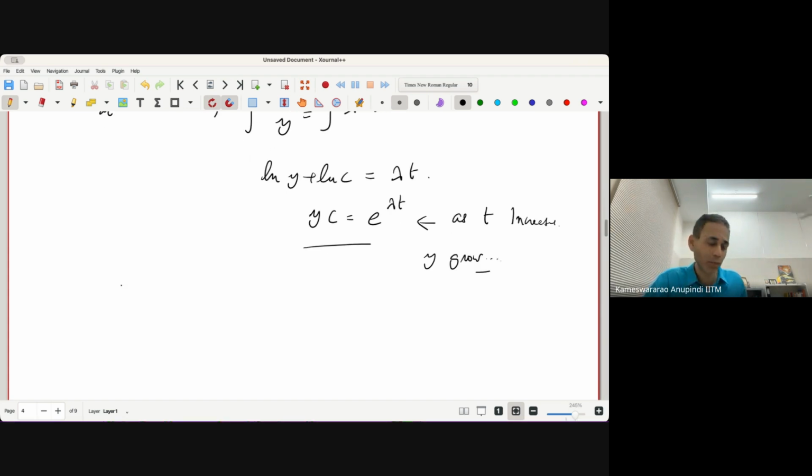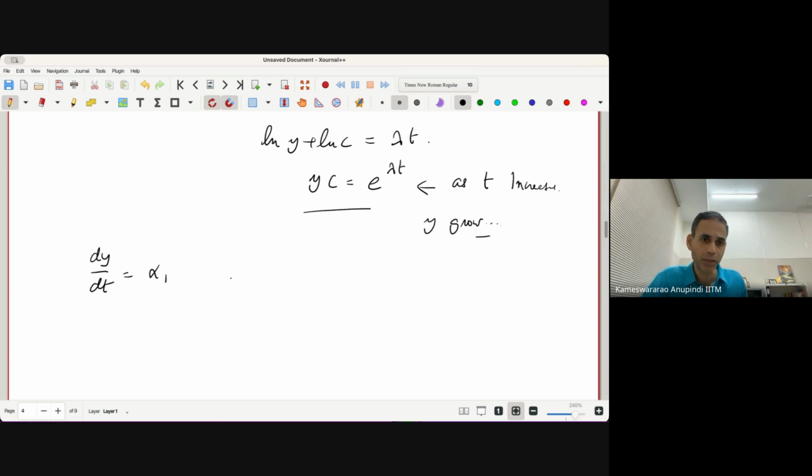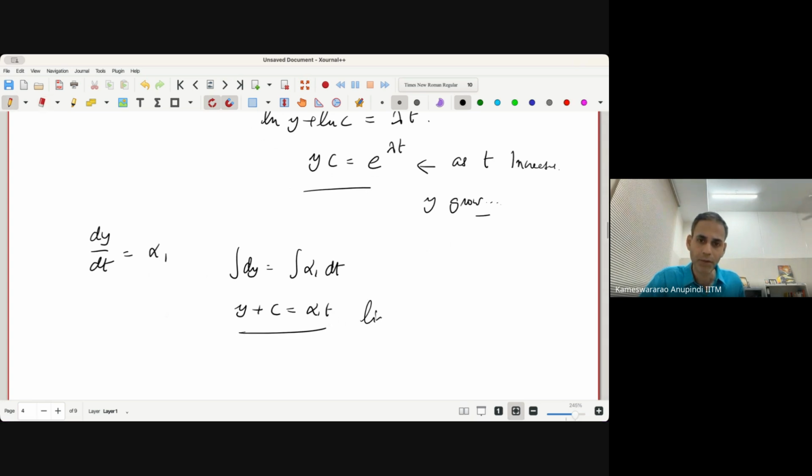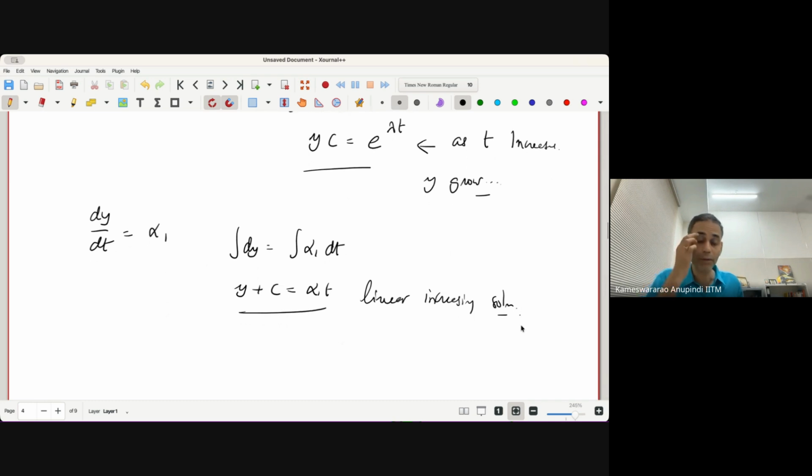But instead, if I were to keep only, let us say, dy/dt equals alpha 1, then this is simply integral dy equals integral alpha dt. So y plus c equals alpha t, which is just a linearly increasing solution, which is not that much of a problem.